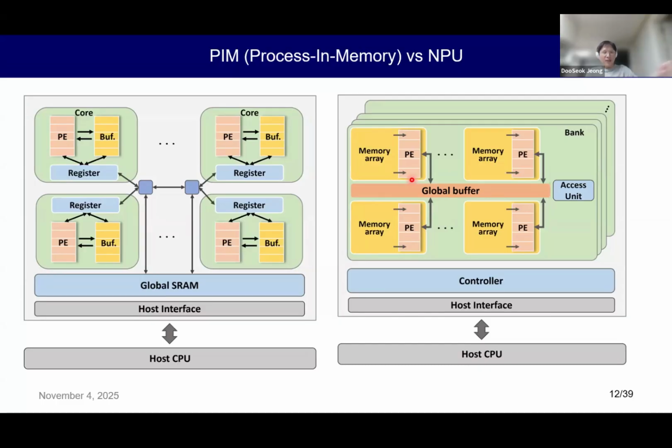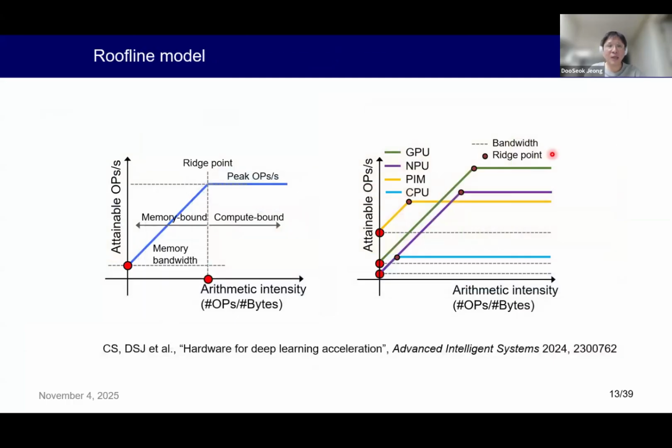But that is basically PIM. So PIM is basically the memory, it's not a processor. So let me briefly summarize all these different hardwares using this roofline model.